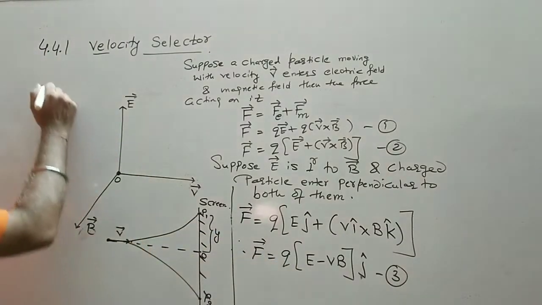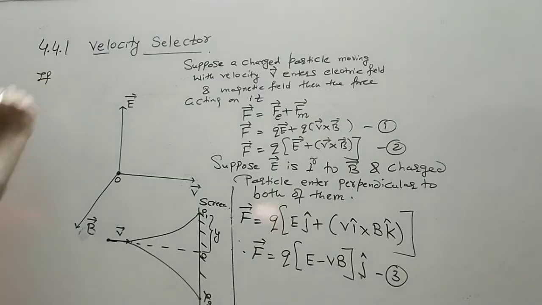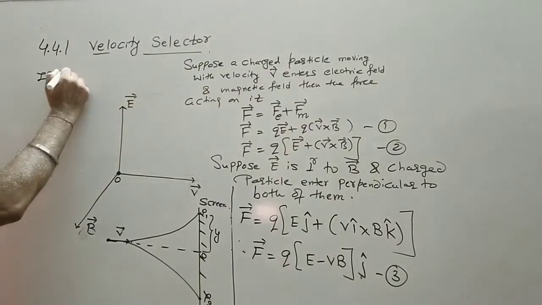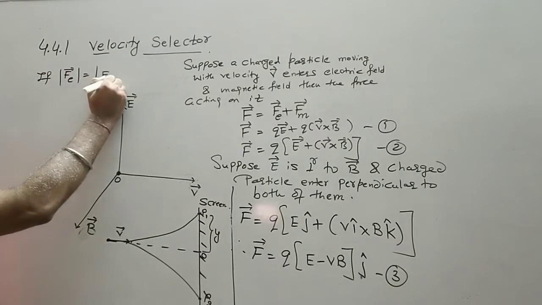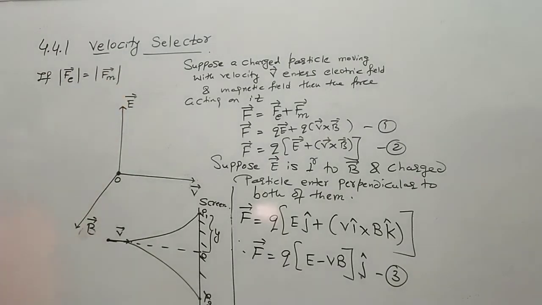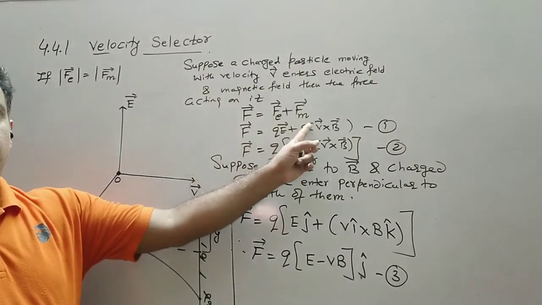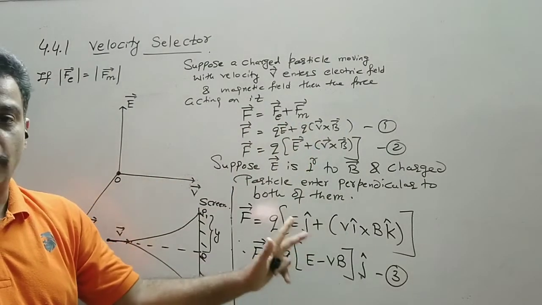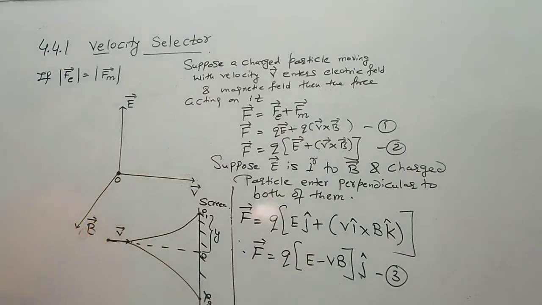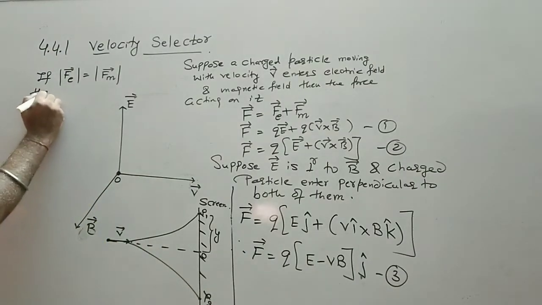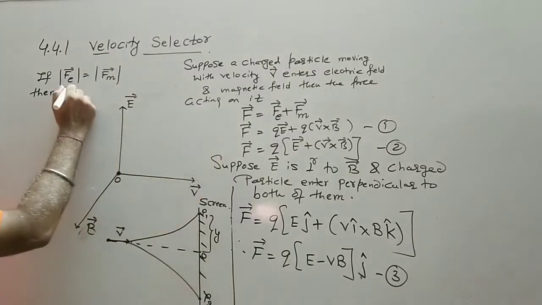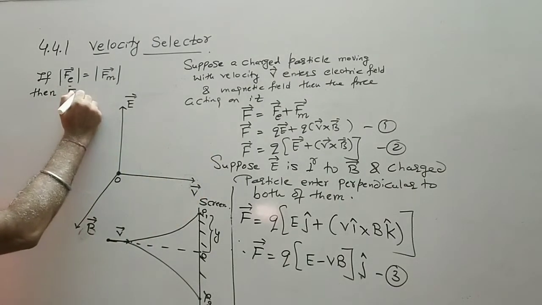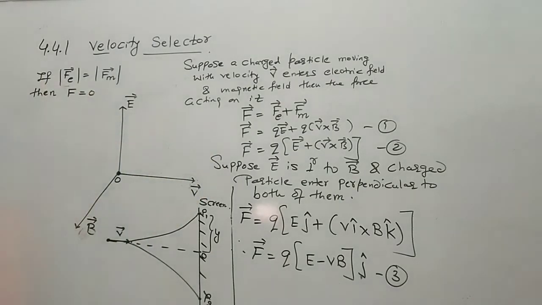So if the situation is such that the magnitude of the electric force Fe is equal to the magnitude of the magnetic force, and the direction is already opposite, then the resultant force F vector, that is the Lorentz force, is equal to 0.